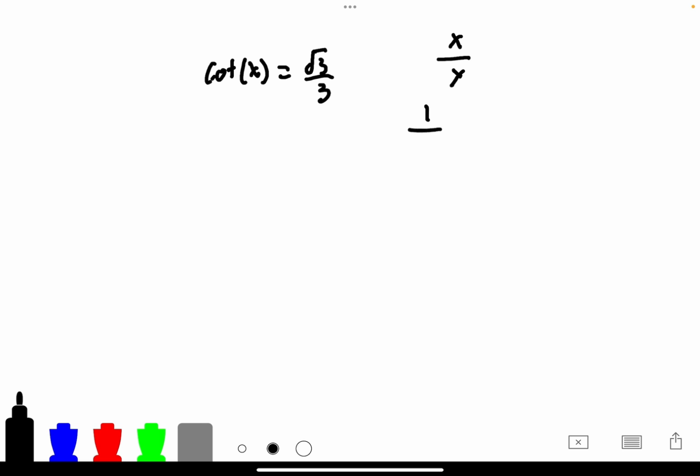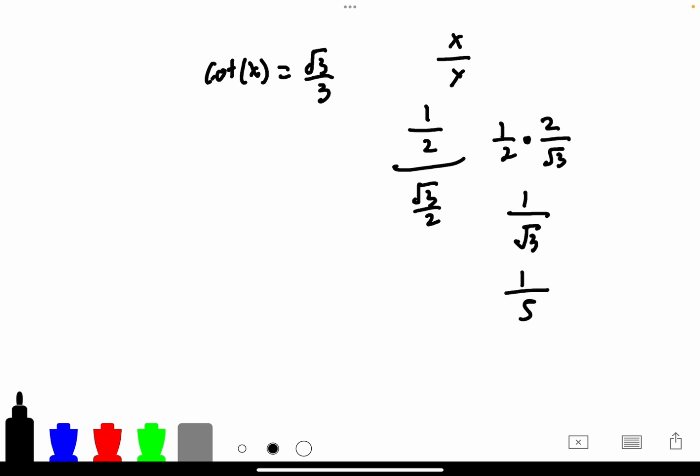Well, 1/2 over root 3 over 2. When we do that and we multiply by the reciprocal, we get 1 over root 3. 1 over root 3 we would have to rationalize because there can't be radicals in the denominator. So that would end us with root 3 over 3.